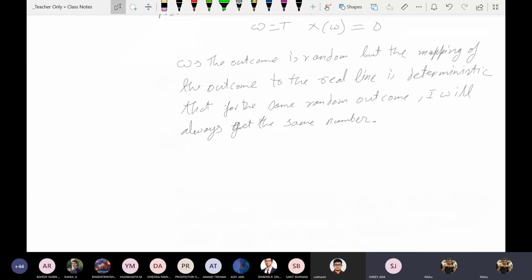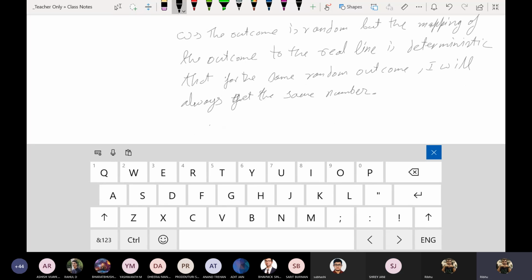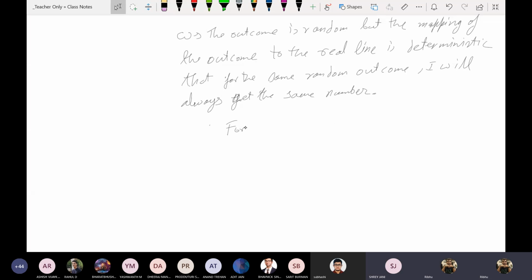So a random variable is defined for individual outcomes.